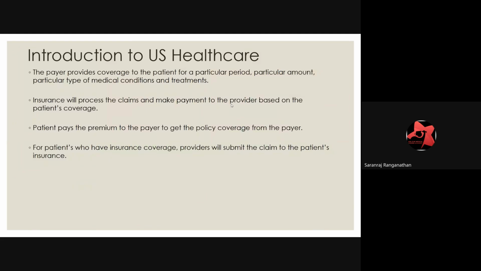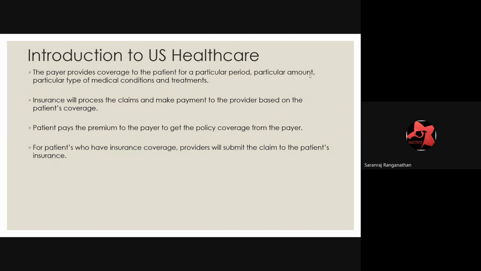So next one, introduction to the US healthcare. The payers provide the coverage to the patients for a particular period, particular amount, and particular types of medical conditions and treatment. The insurance company provides the coverage to the patient for a particular period, which means a 1 year policy, 2 year policy, like that.